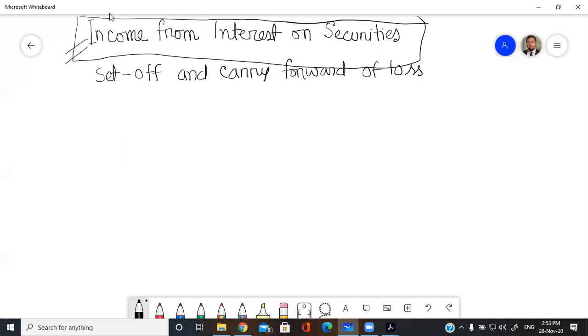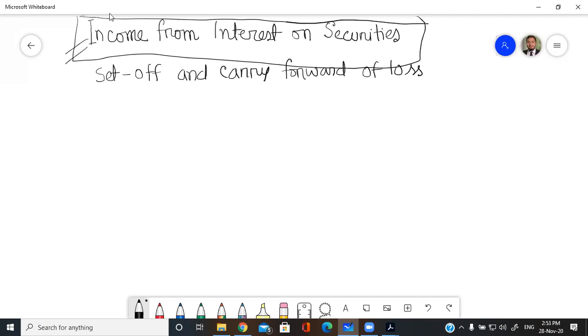So the follow-up question is, in that case, where will we show our income from interest on bank deposit? The answer is the income from other sources. You just have seen the heading income from other sources. In that heading, you need to show the income from interest on bank deposit, income from interest on FDR, income from interest on DPS, these things. Okay.